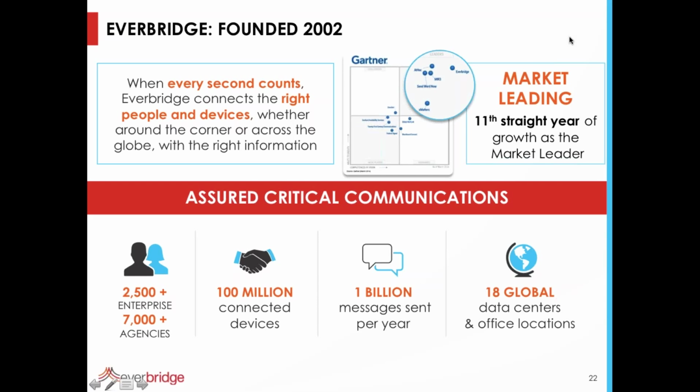Yes, in fact, I demonstrated the fact that the evacuation alert went to the Everbridge Facebook page. You can easily launch to Facebook, to Twitter, etc. You can choose which pages you specifically want to launch to. You can launch to multiple. So if you're a county and you want to access multiple pages, as long as you have permission and authentication to do that, you can do that all with one push of a button.